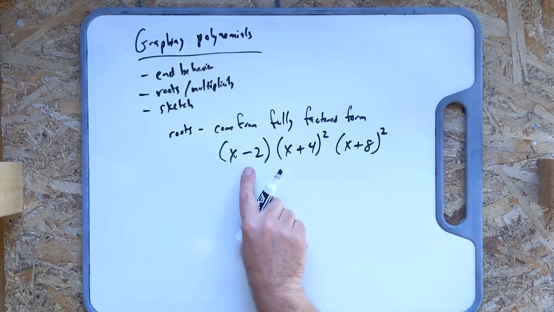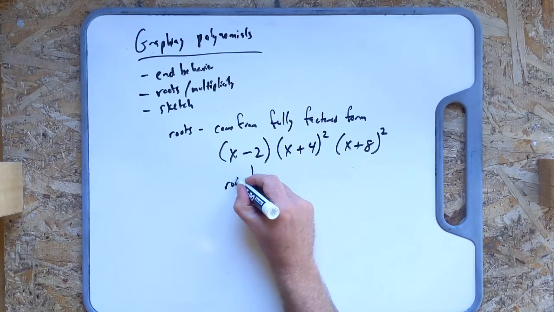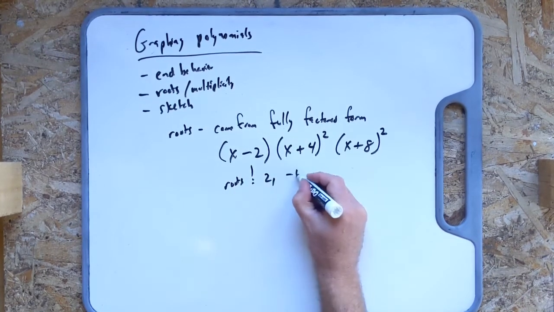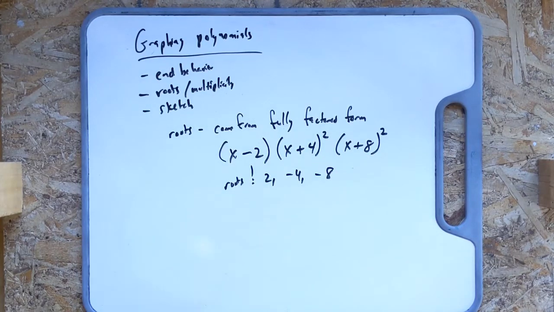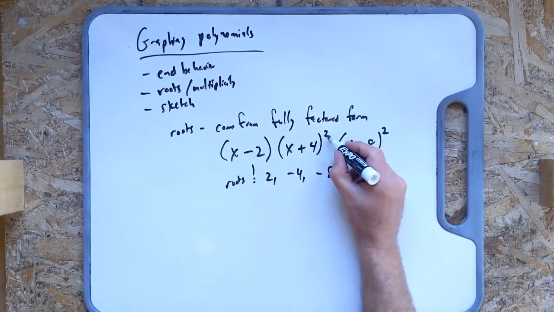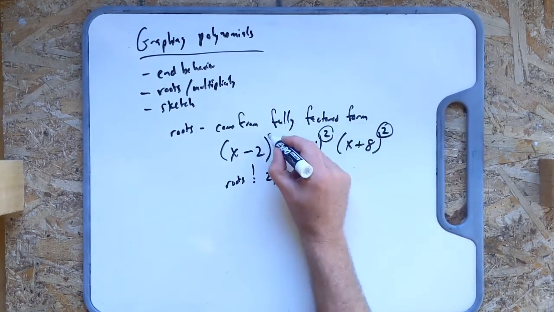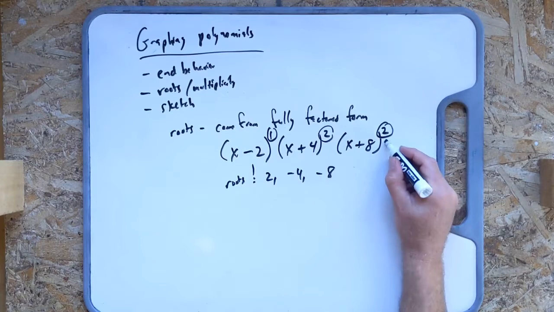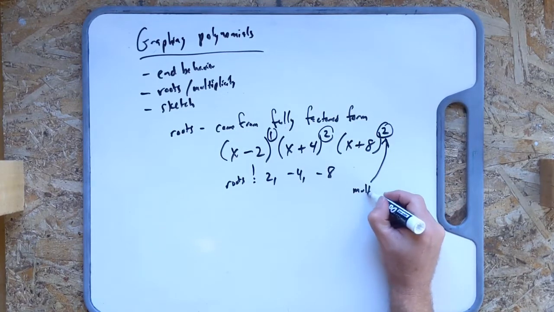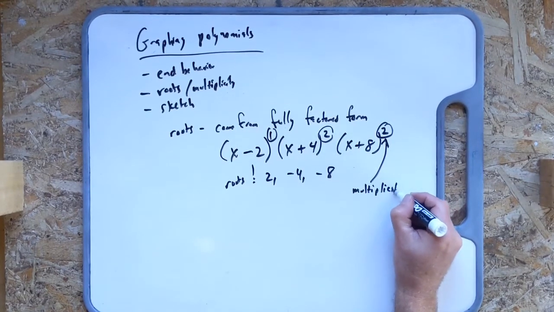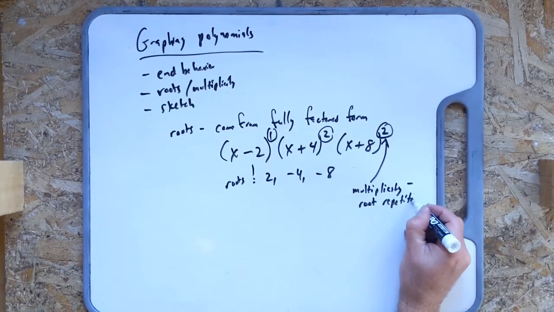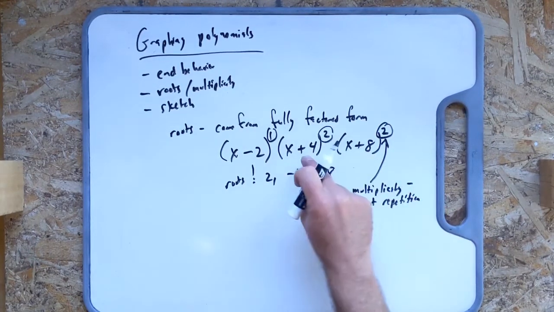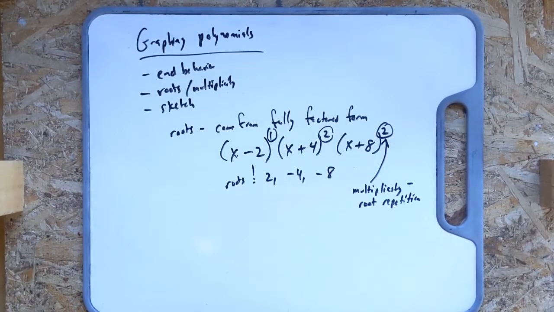So my roots are 2, negative 4, and negative 8. Not positive 4, positive 8, and negative 2. They're the things that make them 0. Okay, and the multiplicity is this right here. In this case, 1. Multiplicity means the number of times the root is repeated. Root repetition. Again, not the 8, not the 4, not the 2, the power.